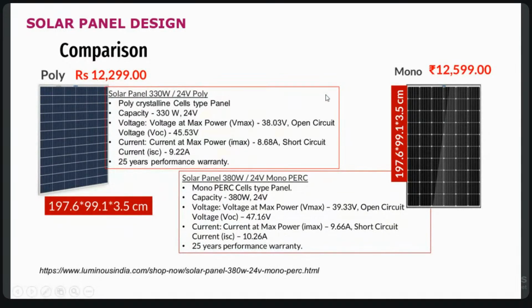Generally, depending upon the load side, we use poly in domestic applications. But on the industrial side, generally they use mono, because they won't go for the money.